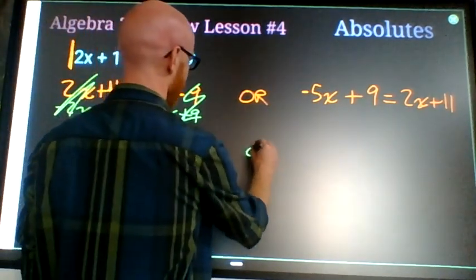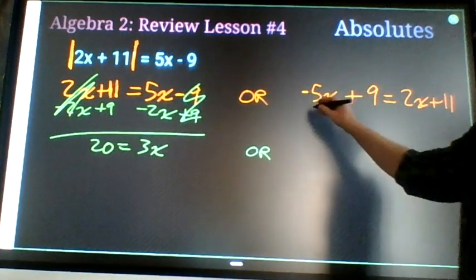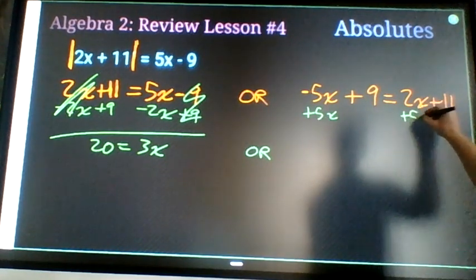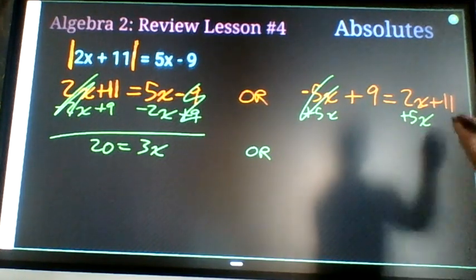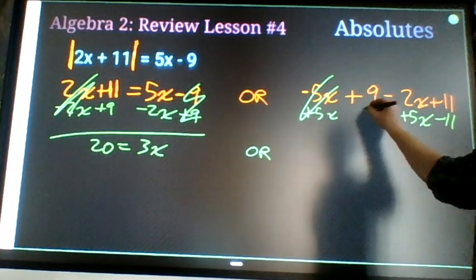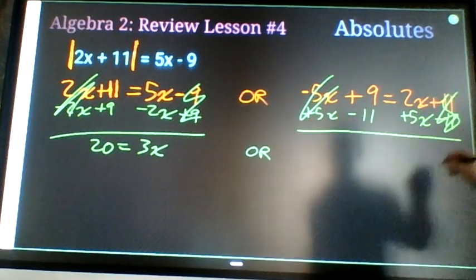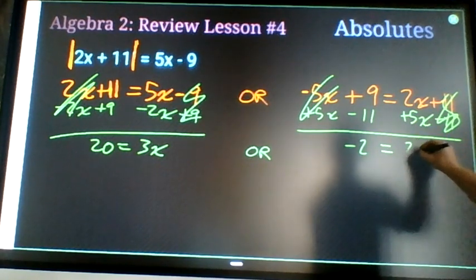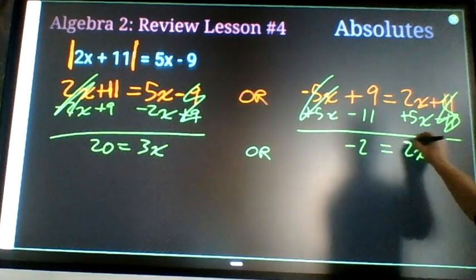Or let me add 5x. Let's get rid of that. Subtract 11. Get rid of that. Negative 2 equals 2x. My bad. 2x plus 5x, 7x.